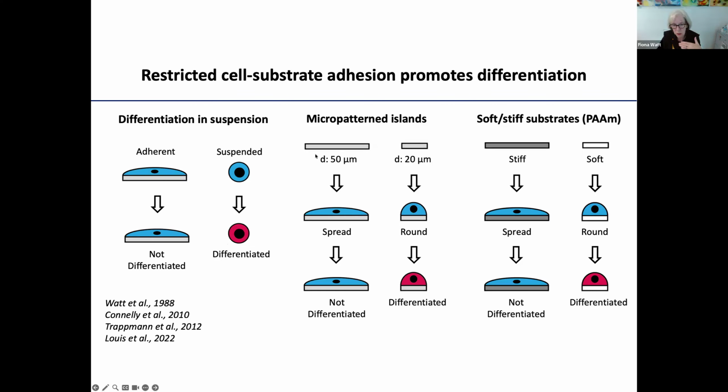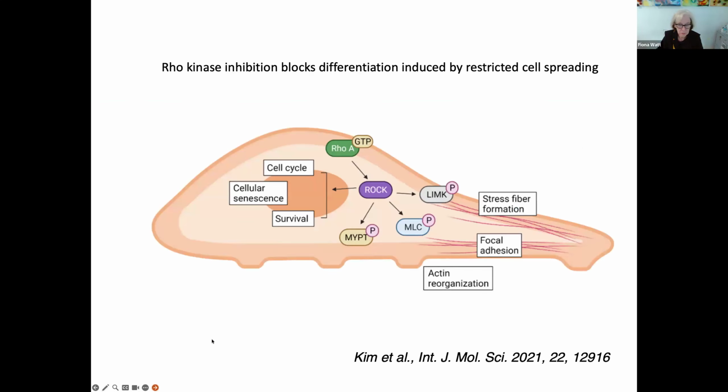On a 50 micron diameter island, the cells spread and remain undifferentiated, whereas if it's a 20 micron diameter island, the cells remain rounded and they do differentiate. And in experiments we did where we plated cells on polyacrylamide substrates of different stiffness, we found that on the soft substrates, the cells rounded up and they differentiated. So the observation that restricting cell spreading stimulates differentiation is very robust.